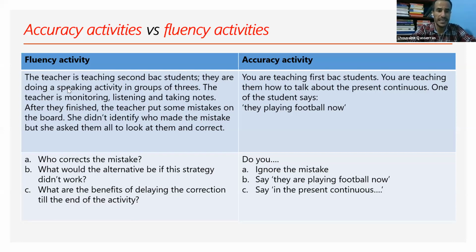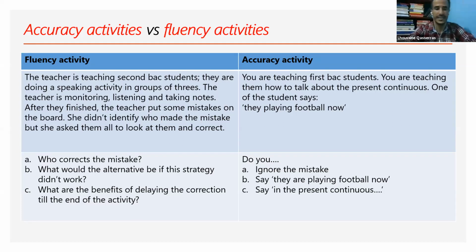So let's read. The teacher is teaching second bac students. Second bac in Morocco is 12th grade. They are doing a speaking activity. It's fluency in groups of three. The teacher is monitoring, listening, and taking notes. After they finished, the teacher put some mistakes on the board.